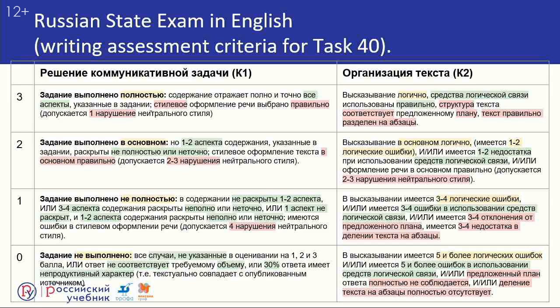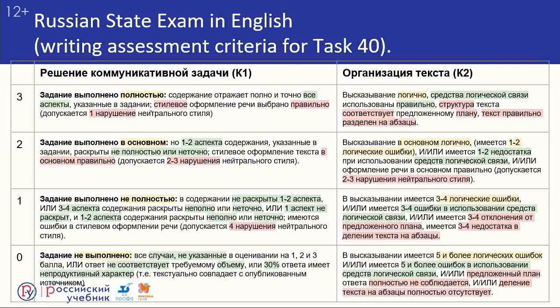So it's highlighted in green. All aspects and 2 aspects. You see that if you do actually highlight these bits of text in the descriptors, compared to when you don't have anything highlighted, it's much easier, right, to use these assessment criteria later on.